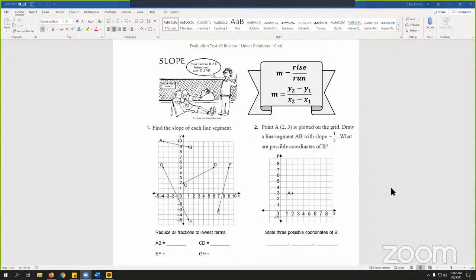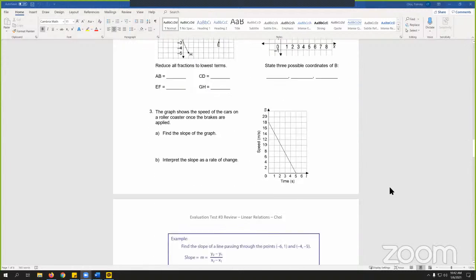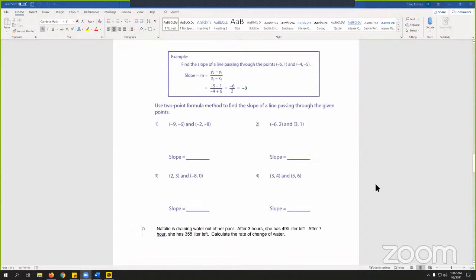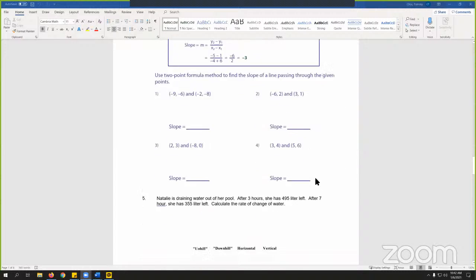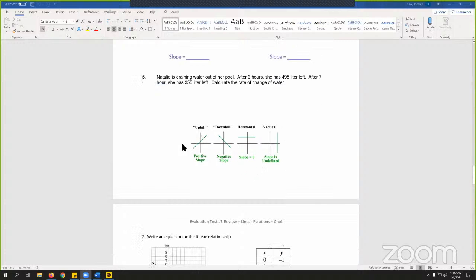Sometimes I give you the slope on the grid. Sometimes I don't. I give you 2 points. It is up to you to figure out which method to use. And so you'll see a whole bunch of examples here and some questions, as well as the 2 special cases where for horizontal lines the slope is 0, and for vertical lines the slope is undefined.